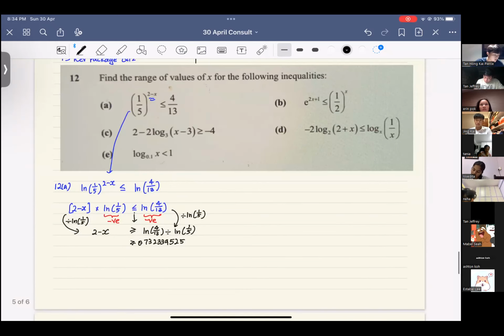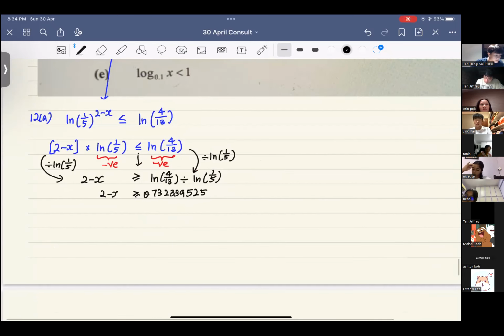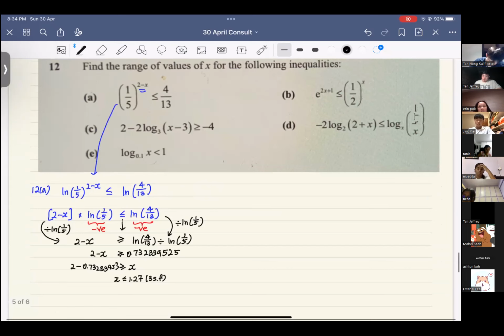Then after which, 2 minus x, so I push x over to the right. This is the same as 2 minus 0.7323395. x should be less than or equal to 1.272368. Okay, so that's for 12A.